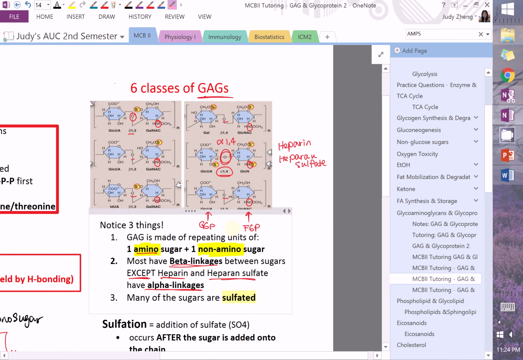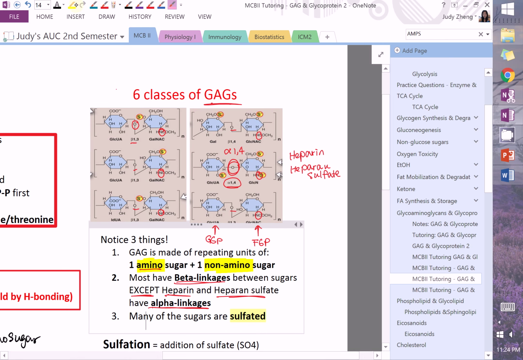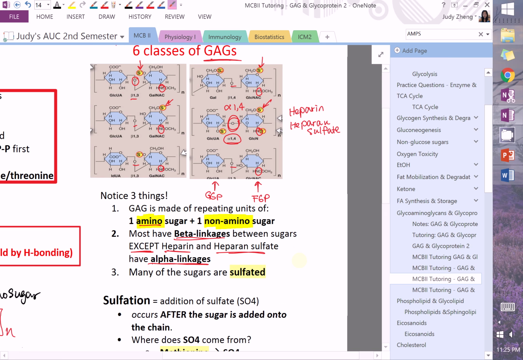Another feature that's already highlighted here, if you look at the yellow highlighting, is the sulfate groups that are on the sugars. The sulfate groups were not originally on the sugar.